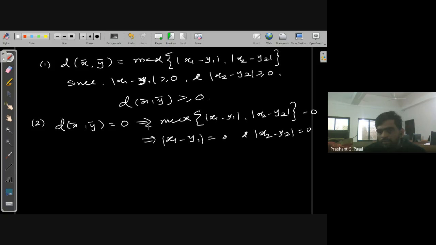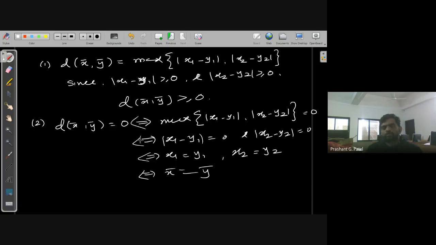What is my argument? If the maximum between two non-negative numbers is 0, then obviously both numbers have to be 0, and that gives you x1 is equal to y1 and x2 is equal to y2. So that will imply x bar is same as y bar, and vice versa. If x bar is same as y bar, the components are equal. If the components are equal, the modulus is equal. If both numbers are 0, their maximum is also 0. So the second property is also true.